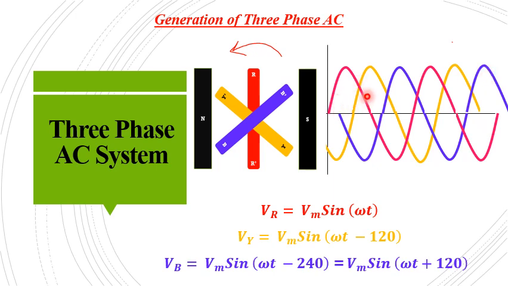If we take this instant, we can see that even though the B phase voltage is 0, the R phase and Y phase have some voltage. So there is no zero crossing point in the case of a 3-phase system. And also, since the total voltage is the vector sum of all the 3 voltages, the net voltage is higher than that of the single phase system, and hence the power generated is also high.